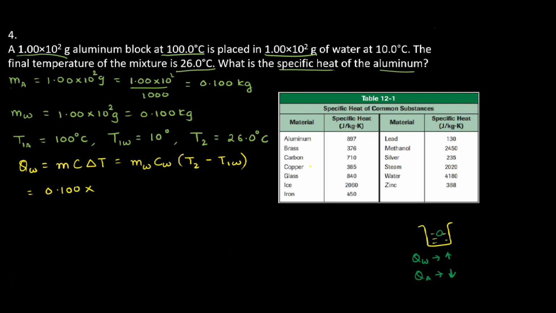Specific heat capacity of water from the table is 4180. Change in temperature: final temperature of water is 26 for the mixture. Initial temperature of water was 10. And when you solve this, you get the heat energy gained by water to be equal to 6.27 kilojoule.